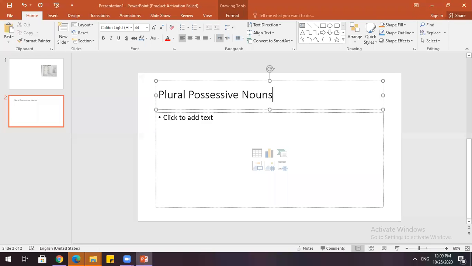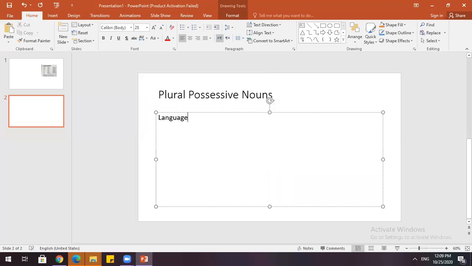Page 102. Miss, which book? Language arts textbook. Okay, I'll write it here for you on the screen. Language arts. Can you see my screen now? Yes, I can see it now. Okay. Let's go.